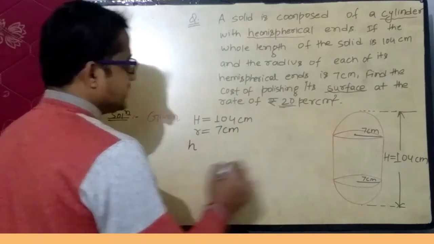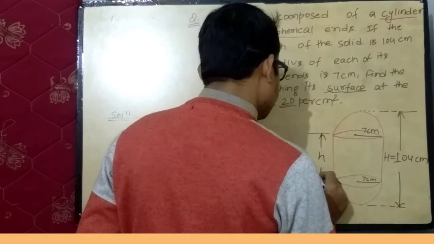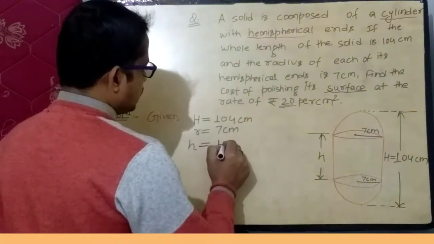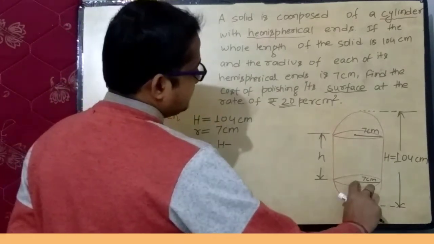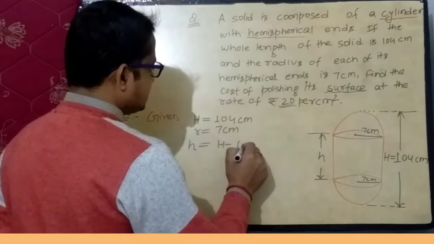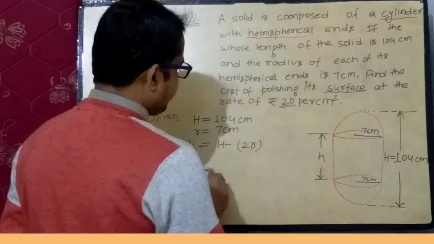Then let small h be the height of this cylinder. So small h equals total height minus this height and this height, that is 2r.